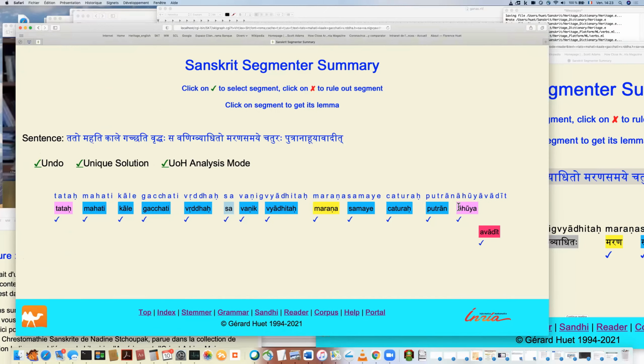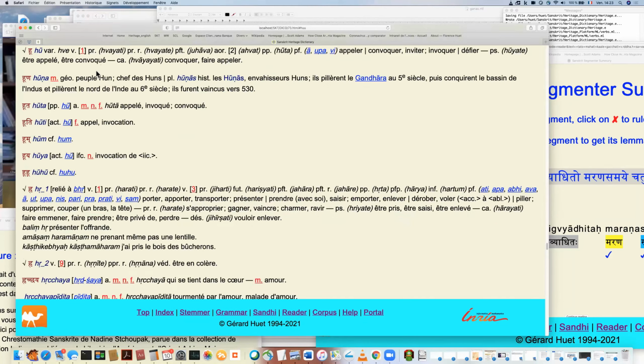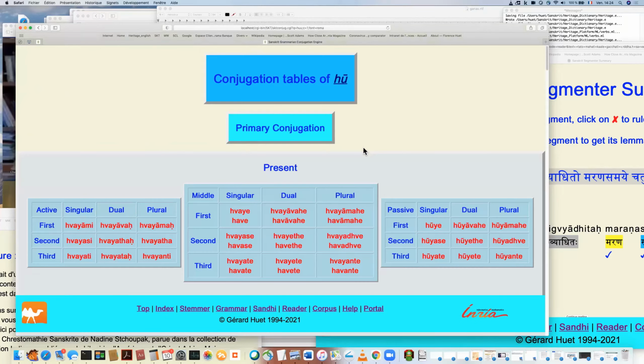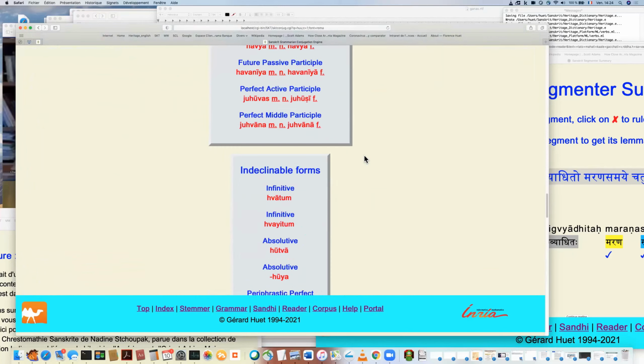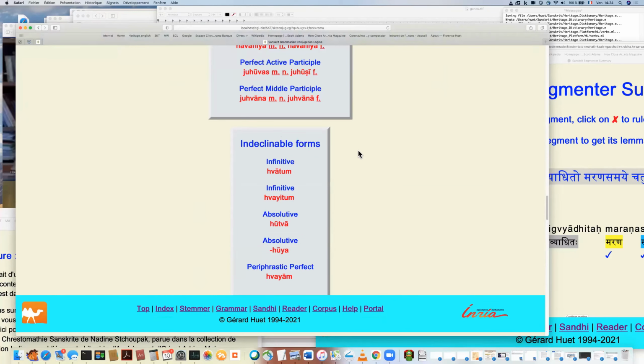And now this is absolutive. Absolutive, here it's lyap. So we can go to absolutive in the indeclinable forms.